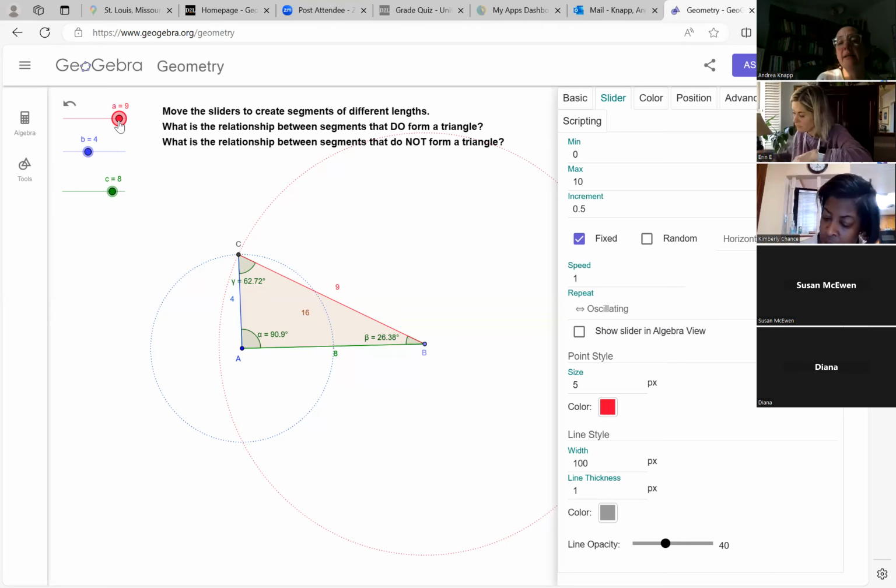Side angle side is yes, it's one of those that if you have 2 triangles where the side is the same, the included angle is the same, and the other side is the same, they have to be congruent. You can't form any other triangle with different angles. That would be a yes. So that's a unique triangle. You said side angle side.